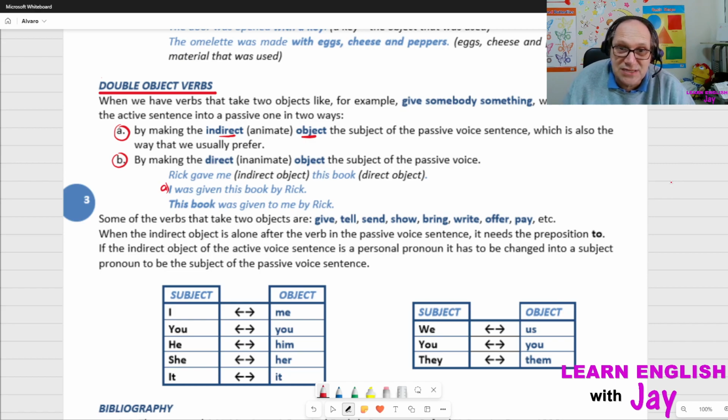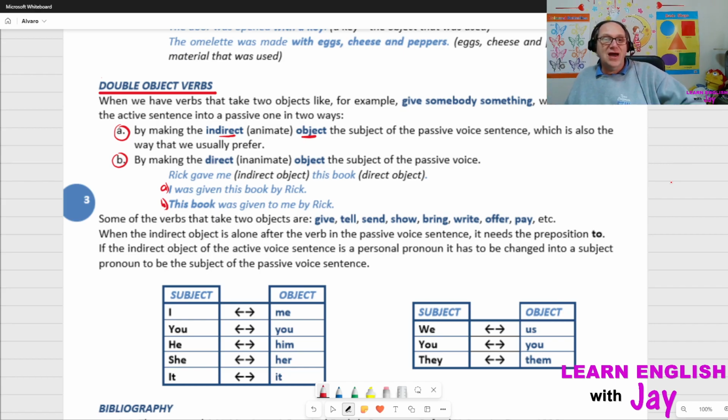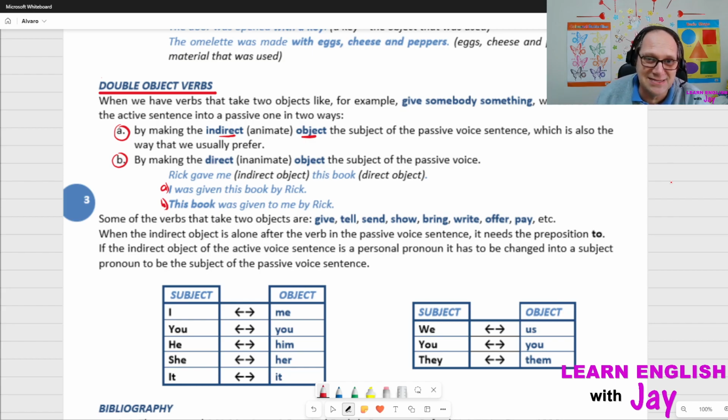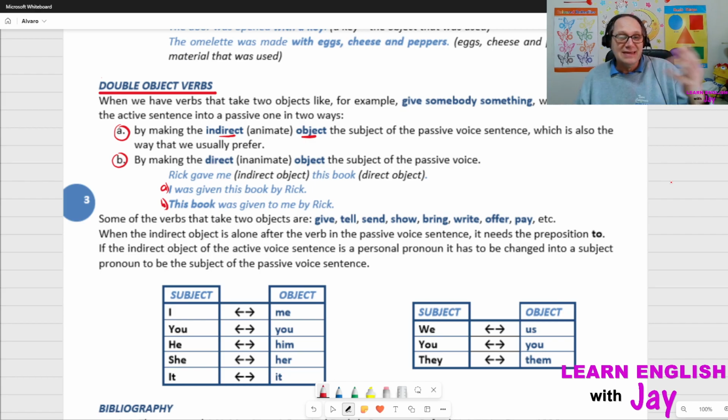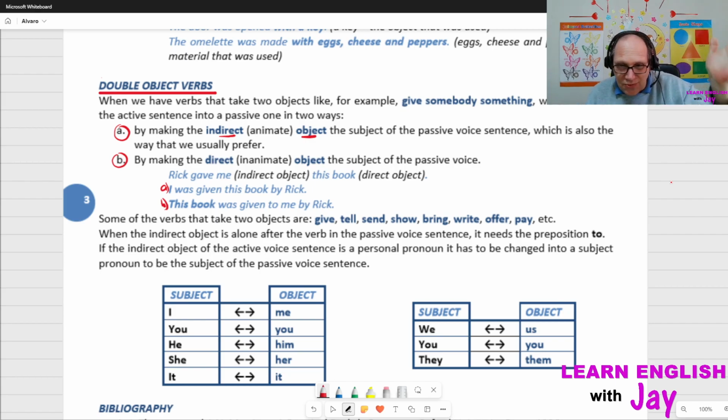And if we want to use the direct object, we can say, this book was given to me by Rick. So either way, both of them are correct, especially when you have two objects in a sentence. Some of the verbs that can take two objects are give, tell, send, show, bring, write, offer, pay, etc. There's a lot of them. So you can decide which one you would like to use, either A or B.